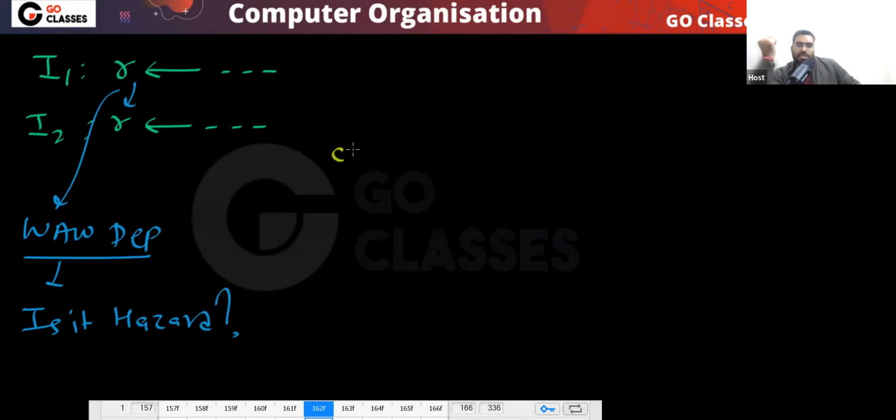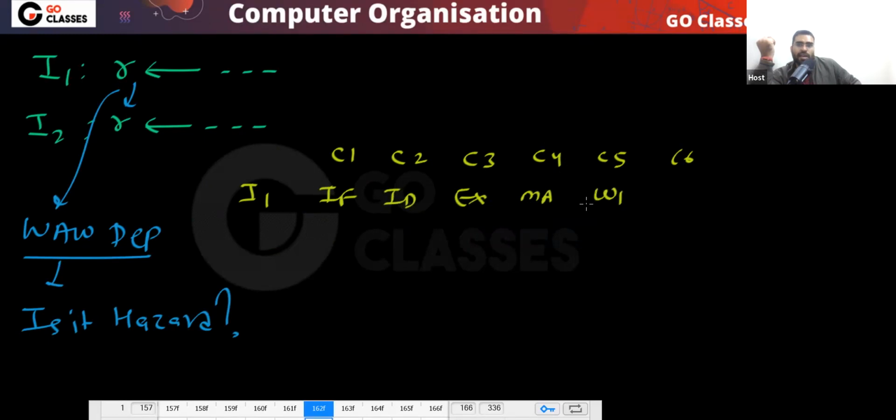Again, you can easily see C1, C2, C3, C4, C5, C6. It will go to instruction fetch, instruction decode, execute, memory access, write back. Where is I1 writing?